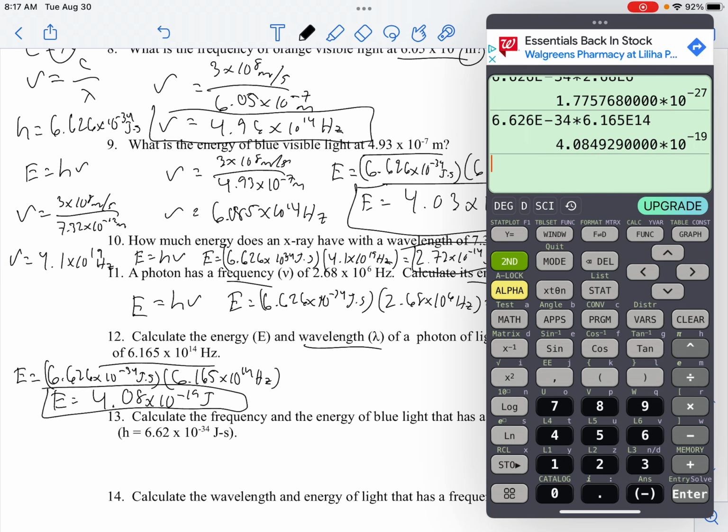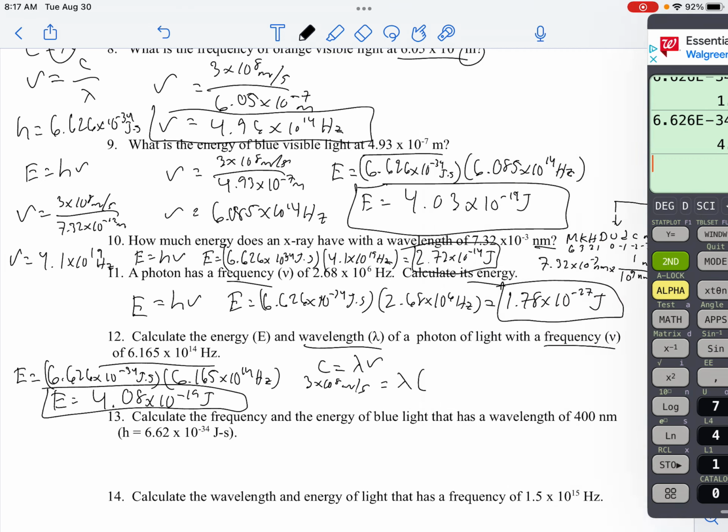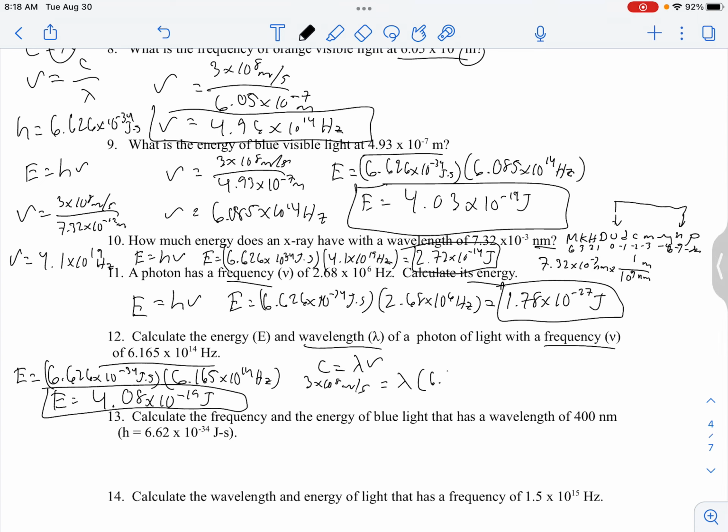And then we also want wavelength. I'm going to be using this equation: c is equal to lambda nu. C is 3 times 10 to the 8 meters per second, and solving for lambda, our frequency is 6.165 times 10 to the 14th hertz. I want lambda by itself, so I'm going to divide by that.